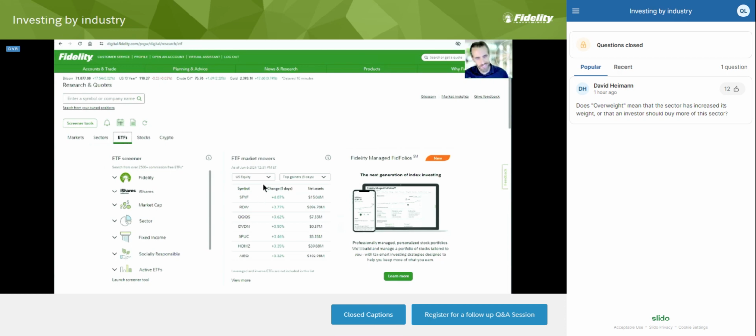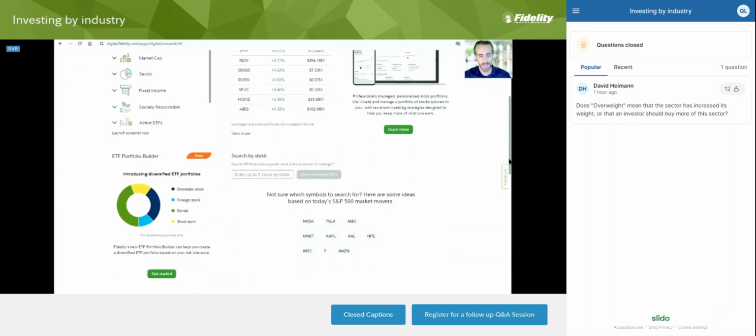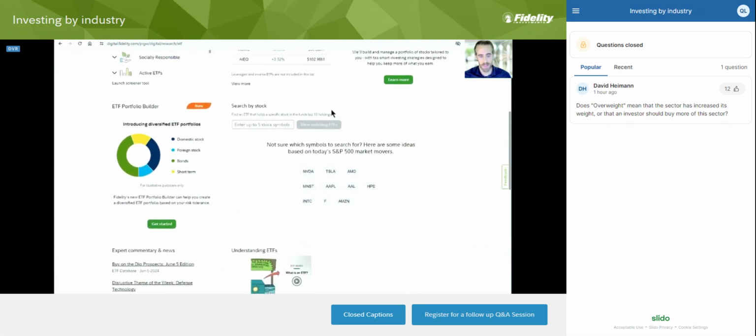On this page, and this is for those of you that haven't been here, this is our ETF research landing page where we can get to an ETF screener similar to what Jacob showed us on the stocks, and we'll get there momentarily. But there's also a fairly interesting tool that I would say is underutilized, and that is going to be search by stock. Scrolling down here, we can see this large tile front and center.